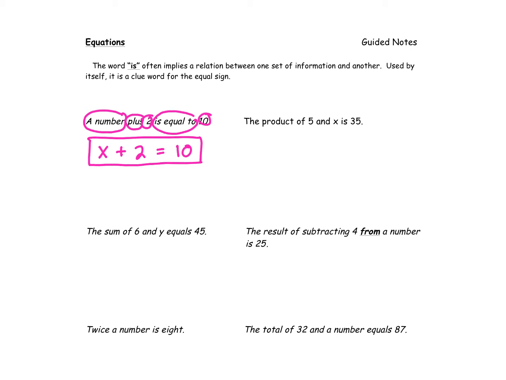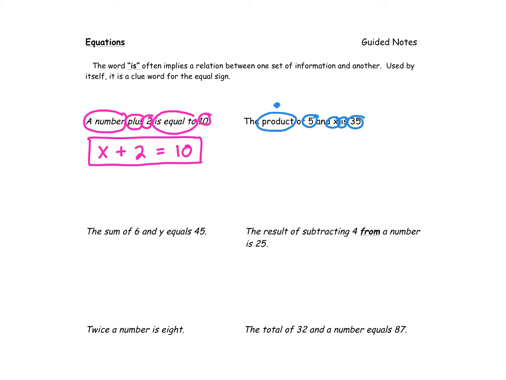Our next example says the product of 5 and x is 35. So once again, let's circle our clue words. The product of 5 and x is 35. So let's recall when we have the word product, it means we're multiplying.